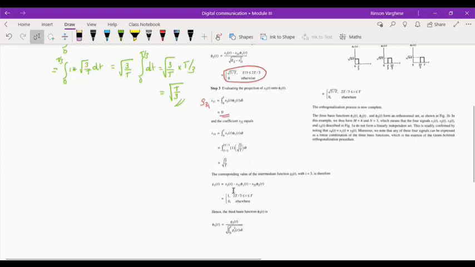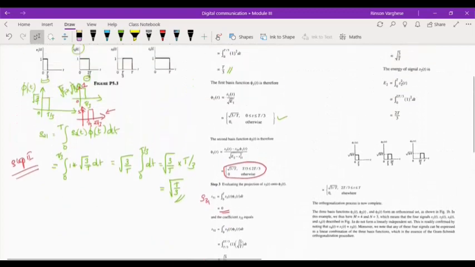Again, you can use the equations: gi of t, put i equal to 3, and you will get this equation. Simply calculate g3 of t, find the energy of g3 of t, normalize that, and you will get phi 3 of t as this.